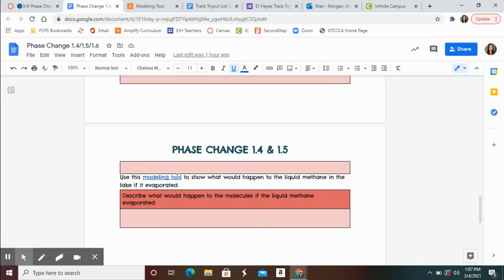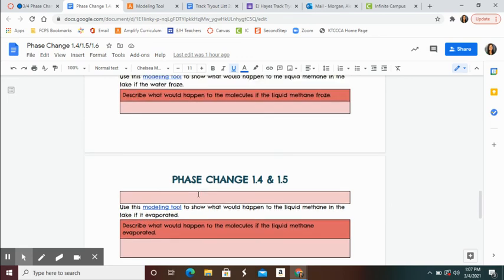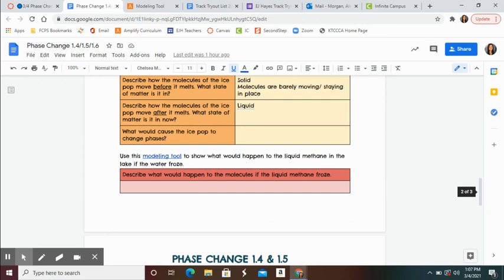You're going to use the modeling tool, and it looks very similar to the one I just showed you, and you're going to look at how those molecules are moving and how they're going to change. For example, up here, when water freezes, it's going from liquid to solid. So what's going to happen with those molecules? How are those molecules going to change? Are they going to slow down, speed up, move around more? What is that difference going to be?